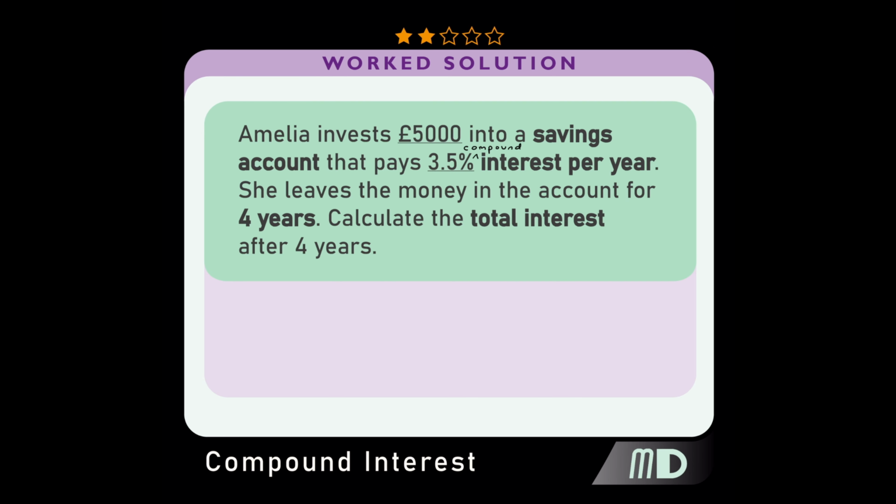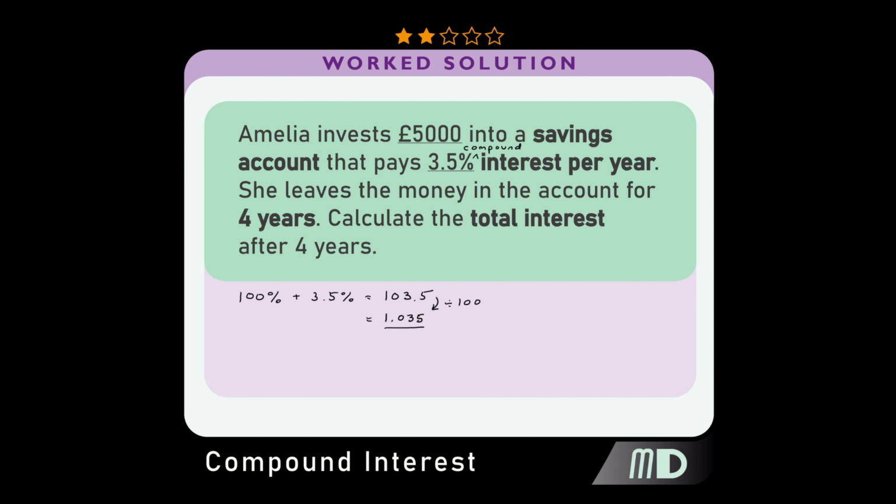The question tells us that interest is added at 3.5% per year. If 100% is the original amount, adding 3.5 gives us 103.5%. To convert this to a decimal, we need to divide by 100, and 103.5 divided by 100 is 1.035.